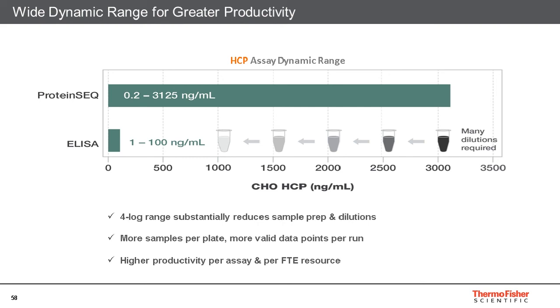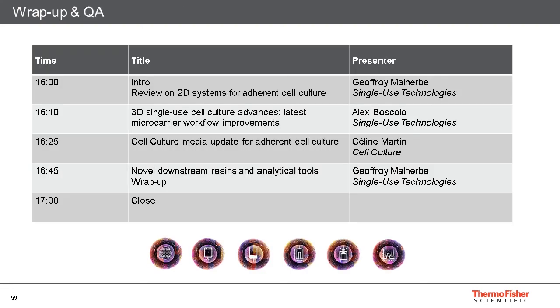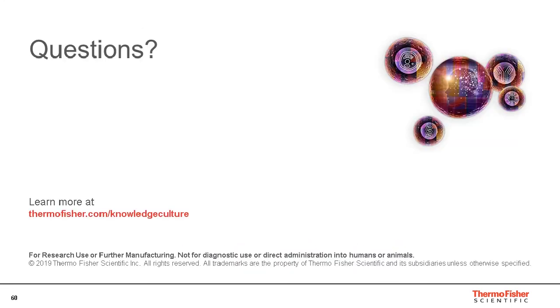In order to avoid having to do massive amounts of dilutions and retesting and let this analytical aspect become a bottleneck, Protein-seq is the technology that allows far more samples to come into the lab, get tested right the first time at the incoming concentration straight from the PD lab, and streamlined downstream process development.